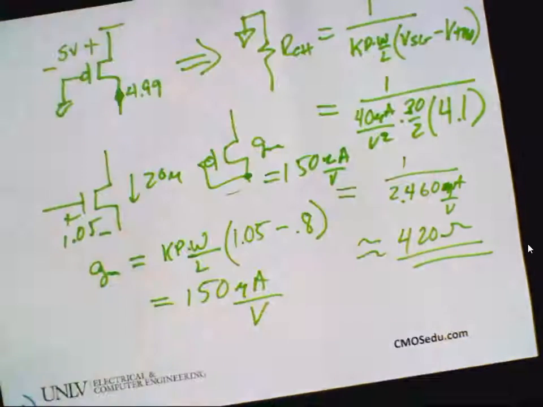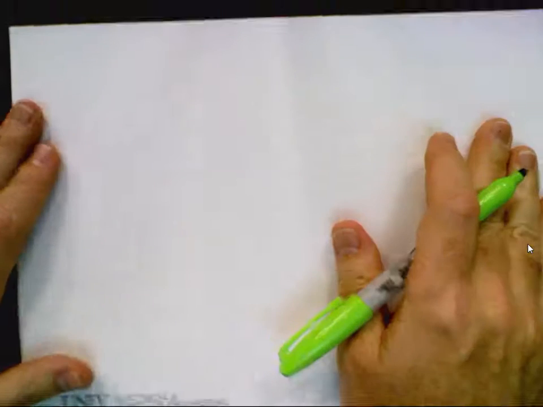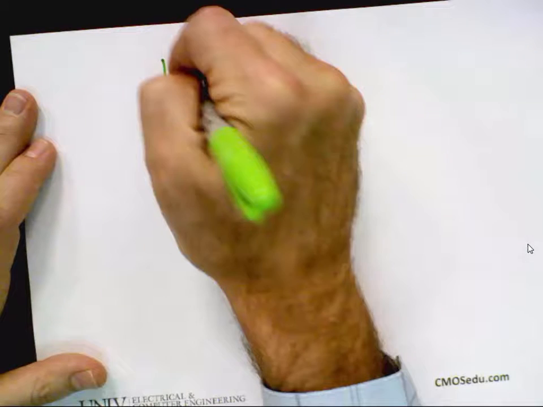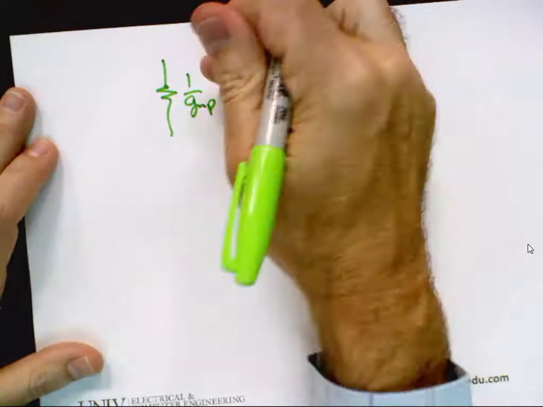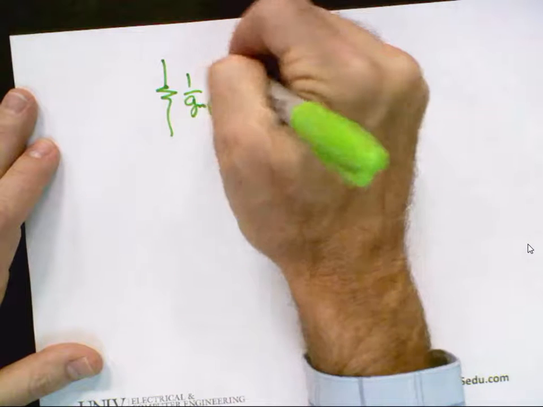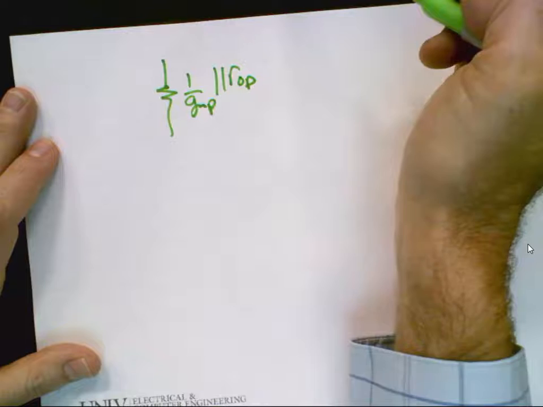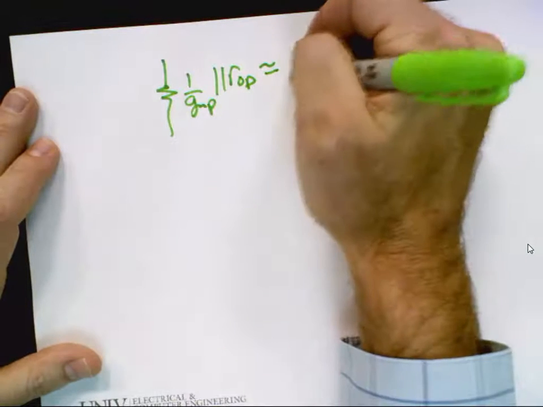All right, so we're almost done. We're going to redraw the schematic to look like the following. The gate-drain connected PMOS is going to be a resistor of 1 over GMP. If I wanted to be precise, I could put in parallel with it R out P, and that's approximately 1 over GMP.